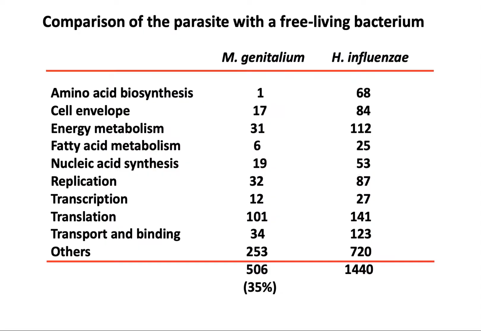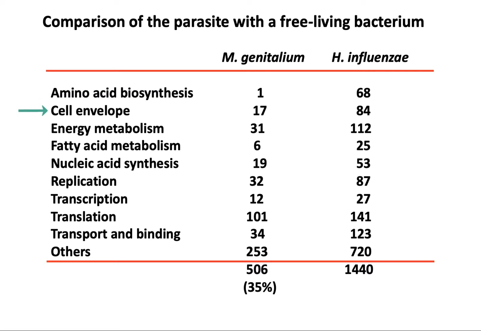So this is a comparison of the Mycoplasma genitalium genome compared to Haemophilus influenzae, which has a small genome, but it's a free-living bacterium. So you can see as far as amino acid biosynthesis, it only has one gene for that. Otherwise, it can't make any other amino acid. It relies on the host for that.